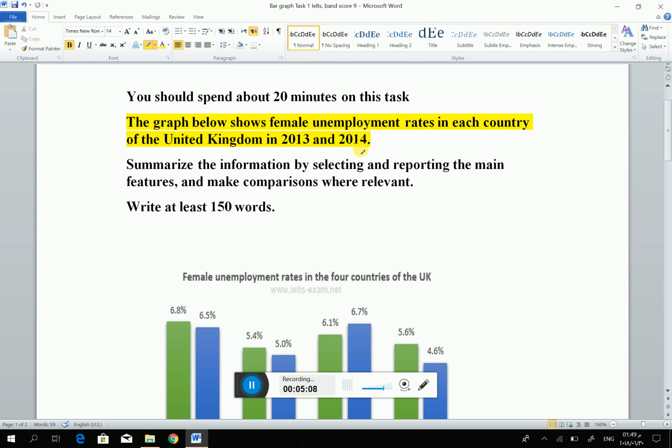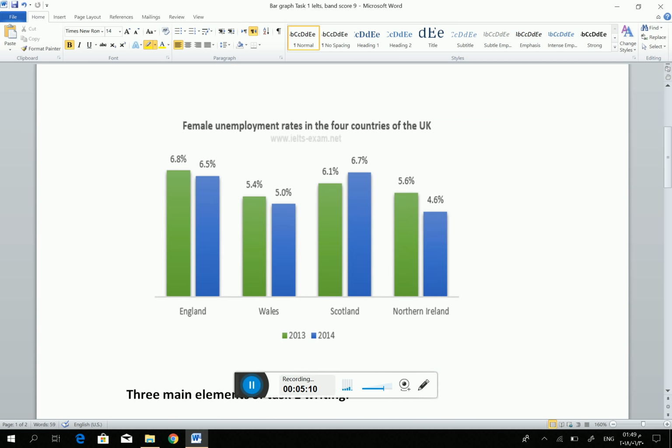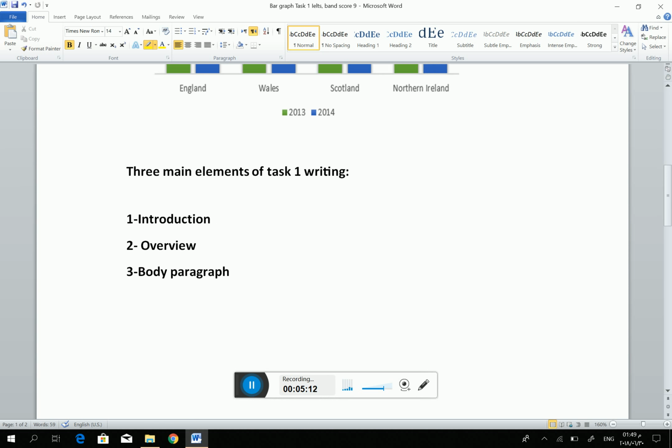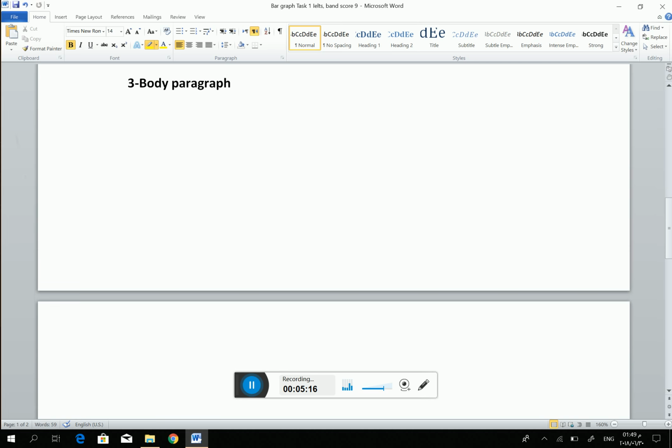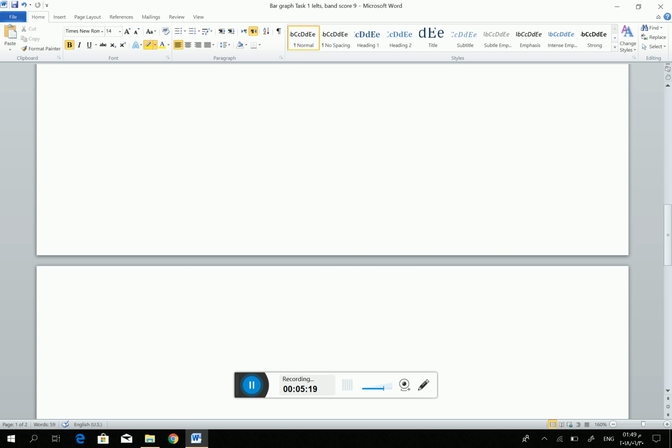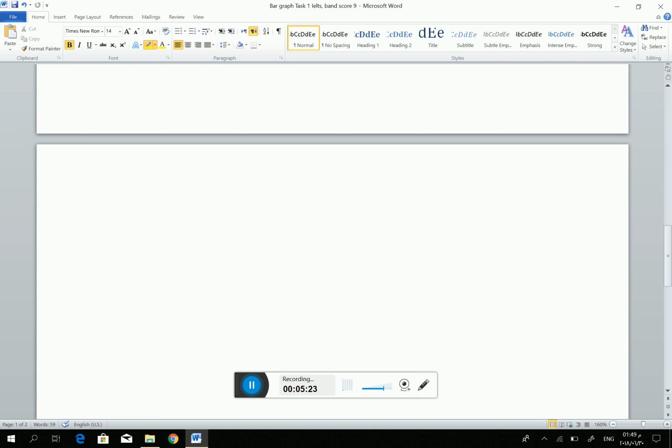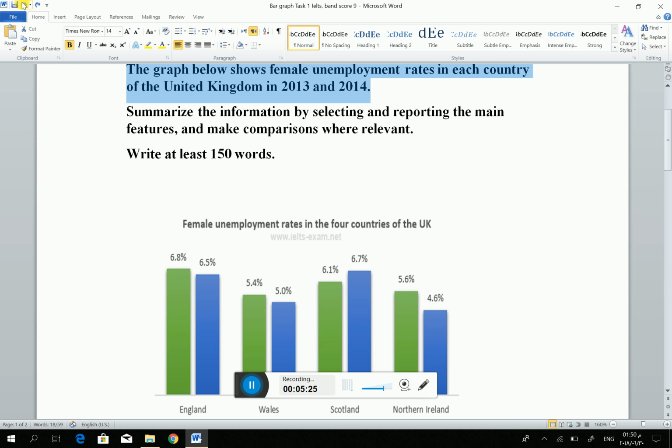Now, let's write the introduction. So, what is the introduction again? The introduction is paraphrasing the statement that the IELTS examiners give you. Let's write the introduction. The introduction will be like this.